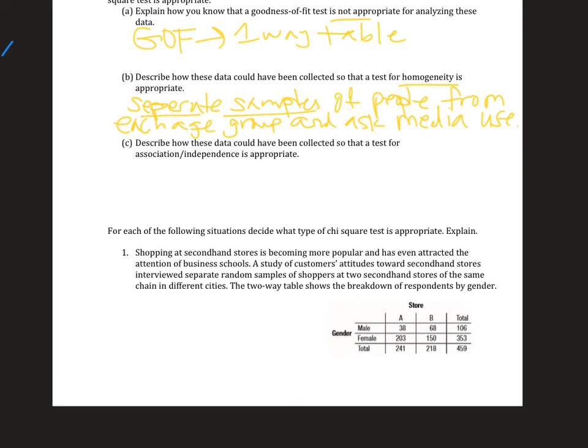Now, describe how it could have been an association or independence is appropriate. Well, that would be that you would take one sample and ask them two questions.